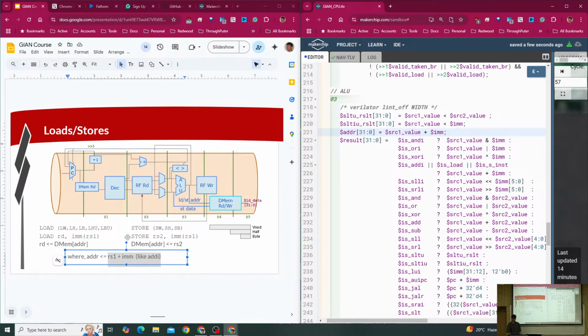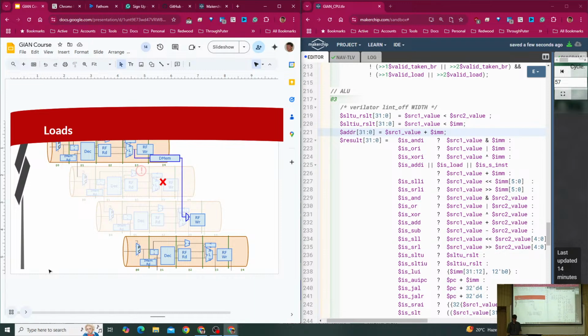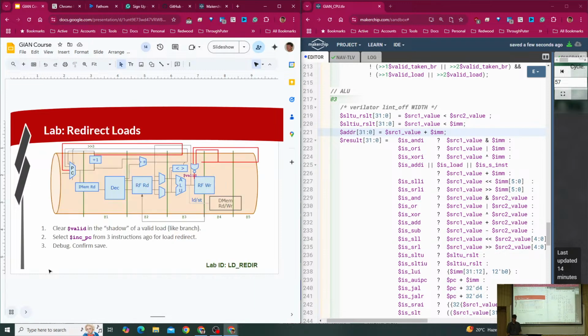All we're doing in step 1 here is we're trying to avoid some redundant hardware, right? We already have a computation that's doing source 1 value plus immediate. We do that for add-I, right? So instead of doing a separate computation, load and store don't produce a result.